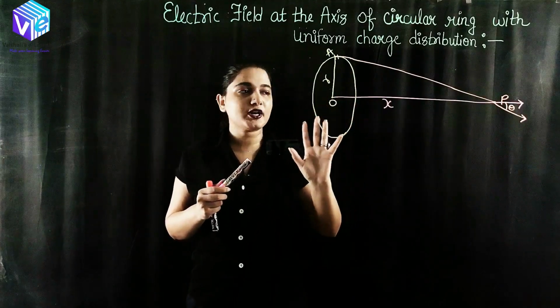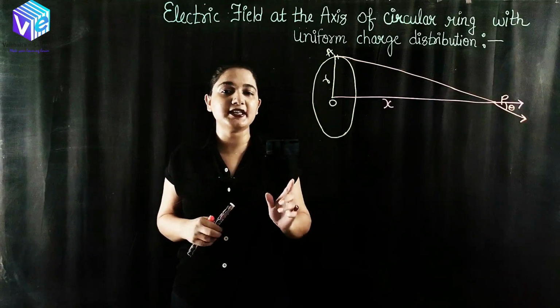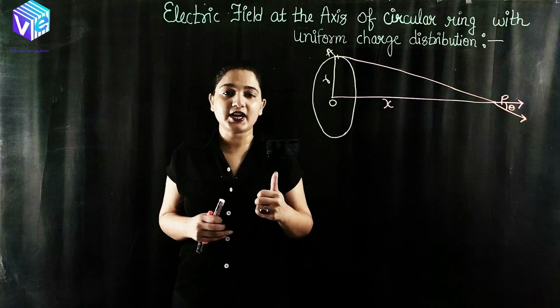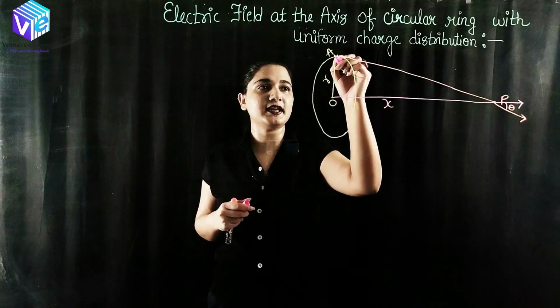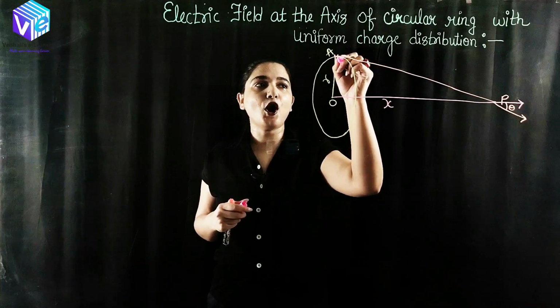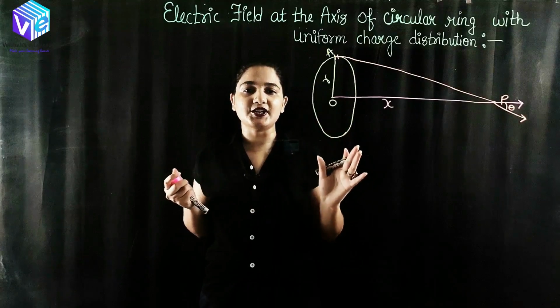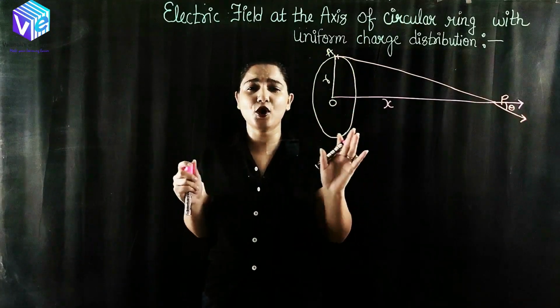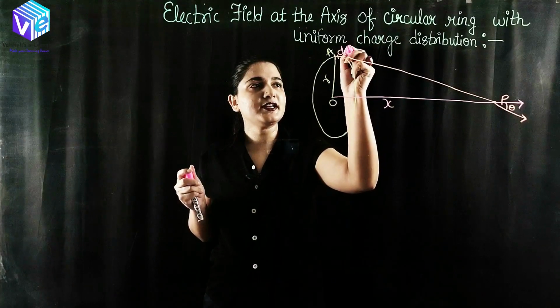Now I know how to find the electric field intensity due to a point charge. So if I take a very small element on this ring, a point here, what would be the charge? If I am taking a very small infinitesimal point, the charge here will be dq.